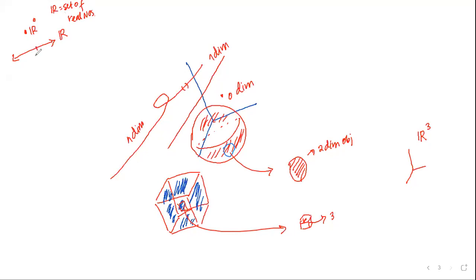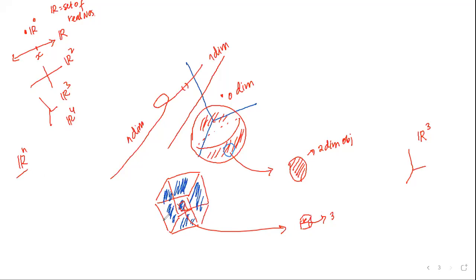Every point is represented by a real number, and every real number lies on the line. Similarly, when you have a plane, we call it R2, then R3, R4, and so on, Rn, because we take n real numbers to specify a point in n-dimensional space.